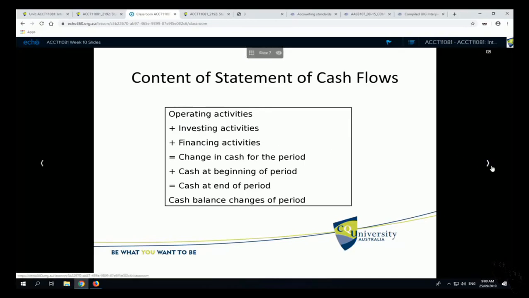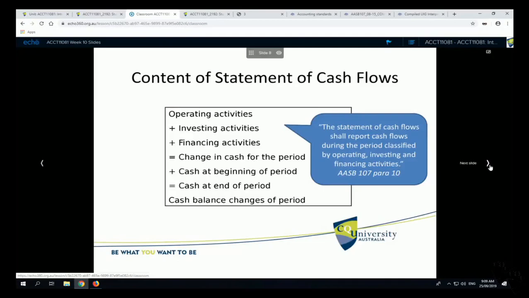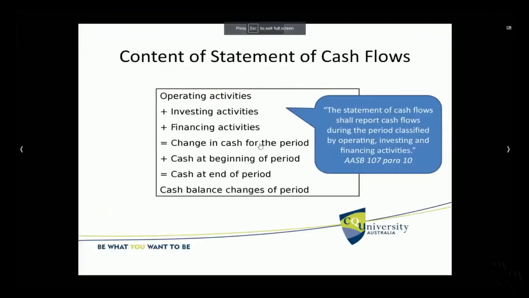Now, the format of a statement of cash flows is cash flow from operating activities plus cash flow from investing activities plus cash flow from financing activities equals the change in cash for the period.